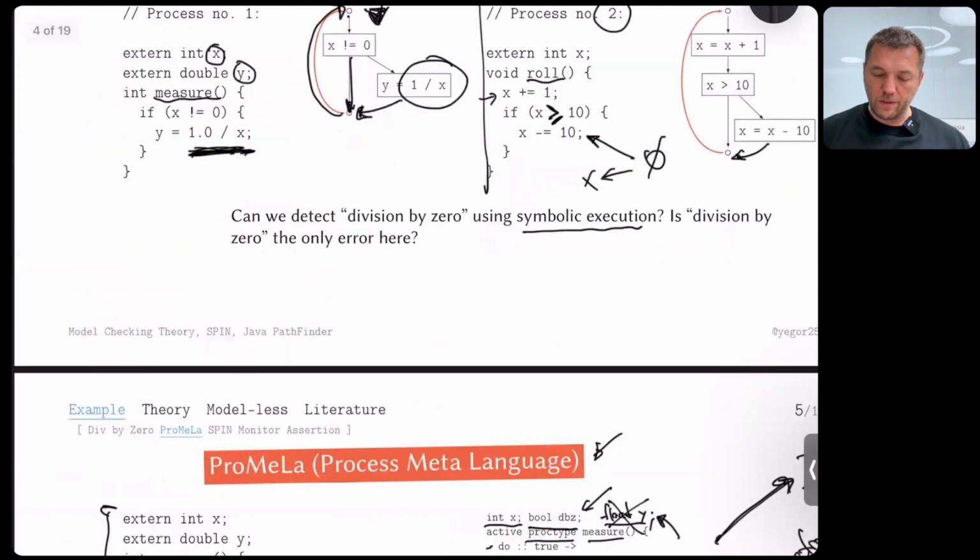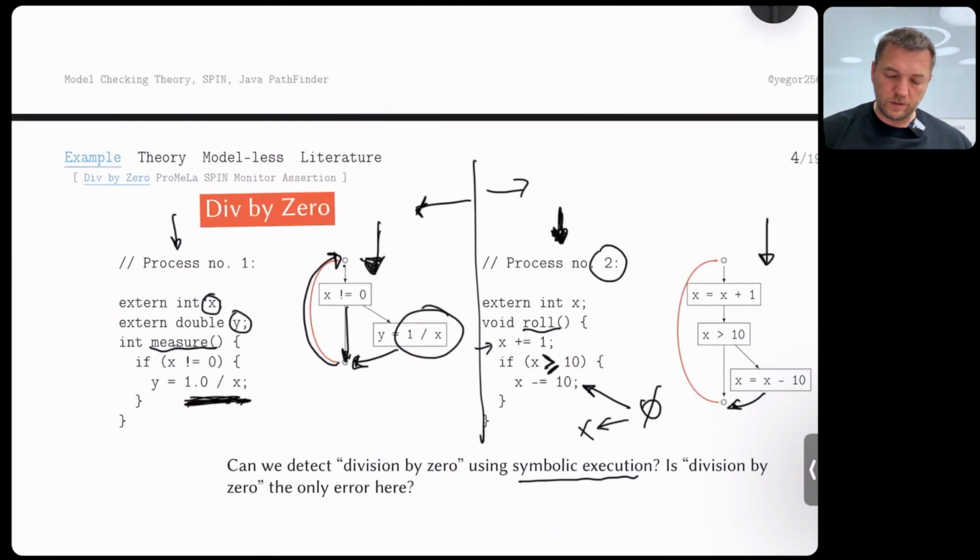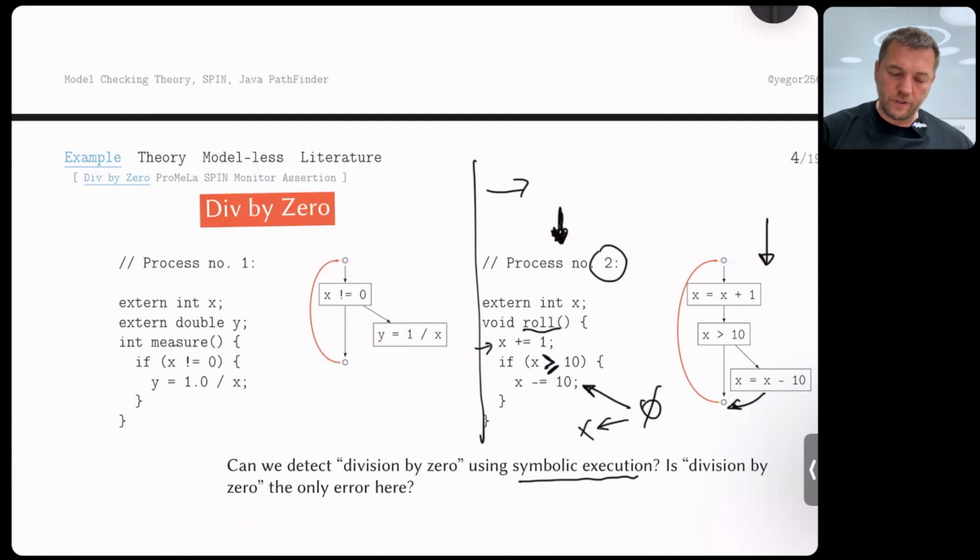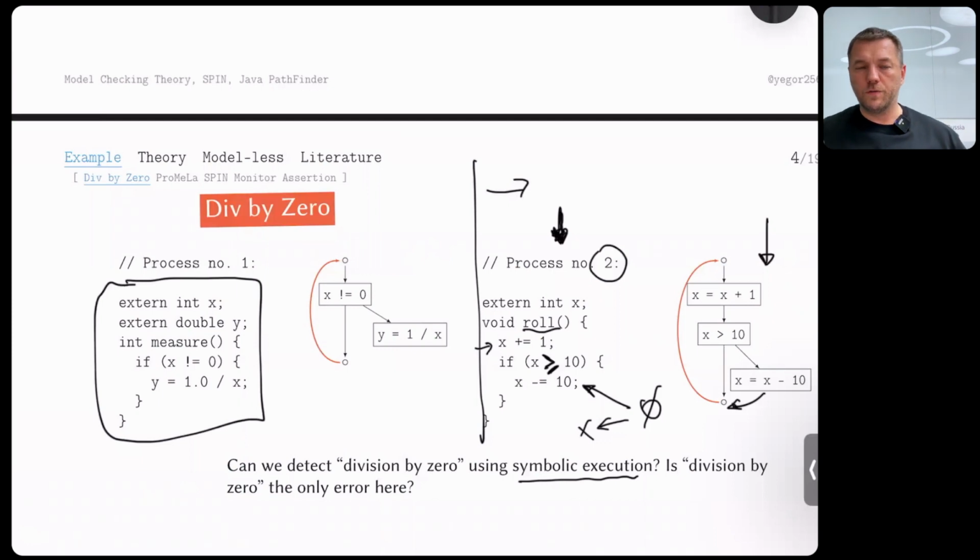So when I look at the code here, then I naturally, if I'm an average programmer who is focused on this particular piece of code, and I expect everything to happen according to my expectations, then I understand that if I check x here, and I know that x is not equal to 0, then I use it here.